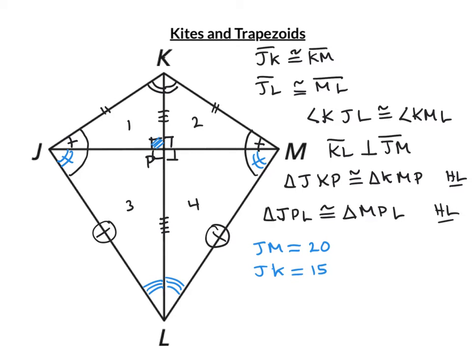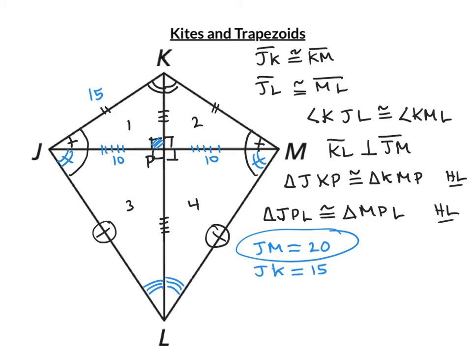So this is 15, JK. And if JM is 20, remember the triangles 1 and 2 there were congruent. That means that JP and PM are congruent. So if JM is 20, each of these pieces would be 10, half of 20.